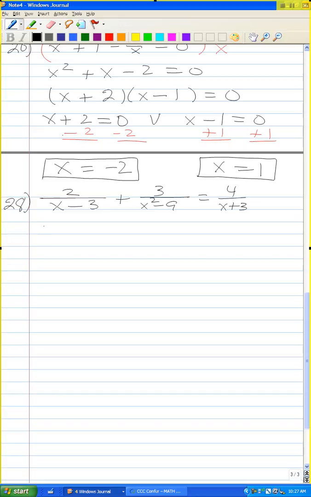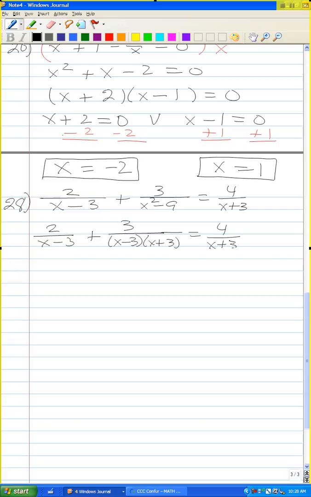And so let me factor. I can write x squared minus 9 as the product of the sum and difference of two terms, using the special product formula, the difference of squares. So this is x minus 3 times x plus 3.